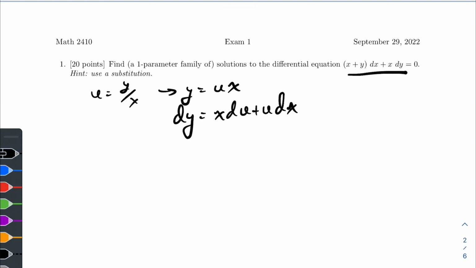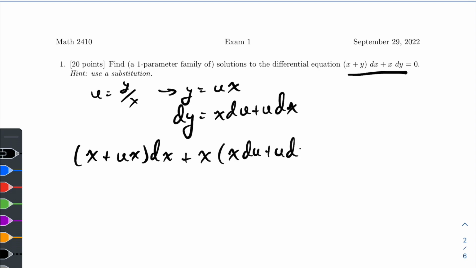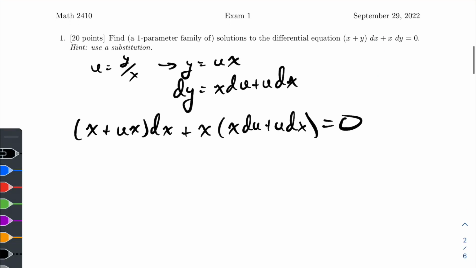We substitute all this information into this differential equation. x plus y, which is now ux. Keep the dx there. Keep the x, and then change y to x du plus u dx equals 0. I'll group all my dx terms together.